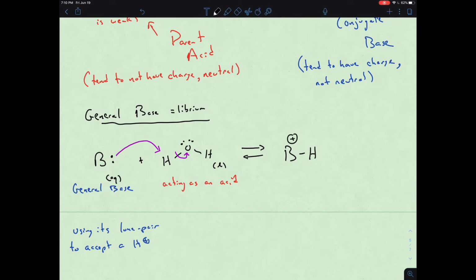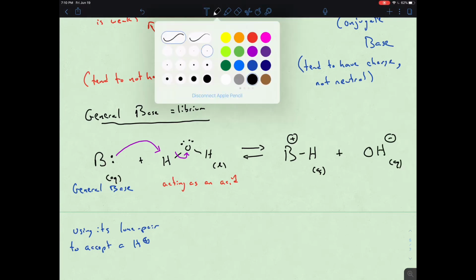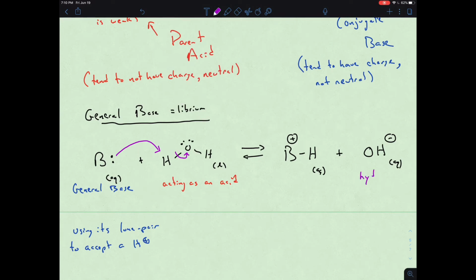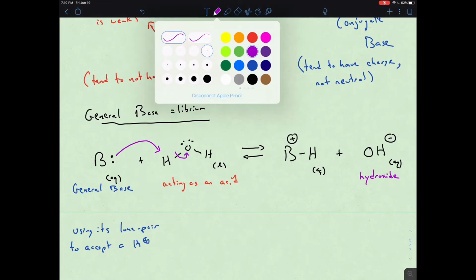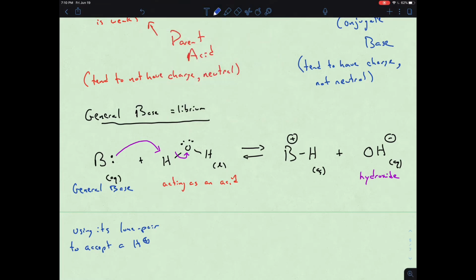That base now is going to have a positive charge, and we generate OH minus, or hydroxide. So going the backwards direction, hydroxide is technically acting as the base.